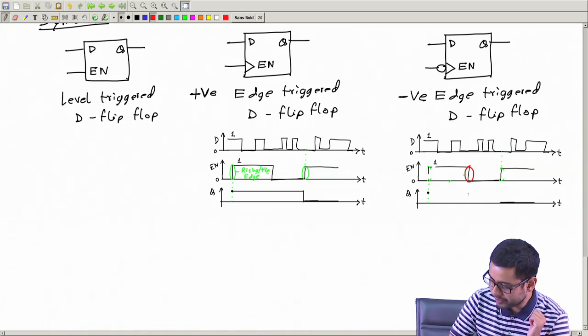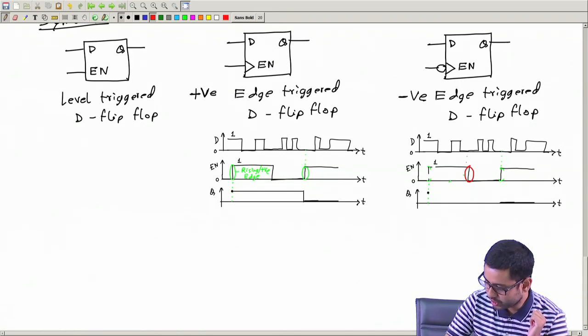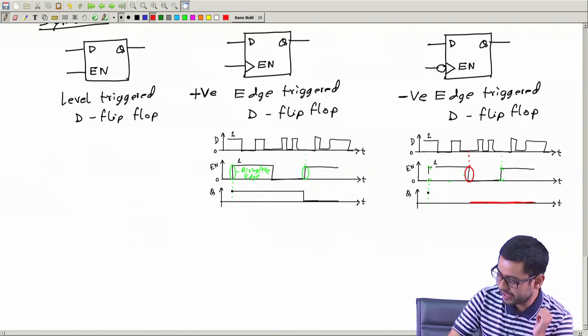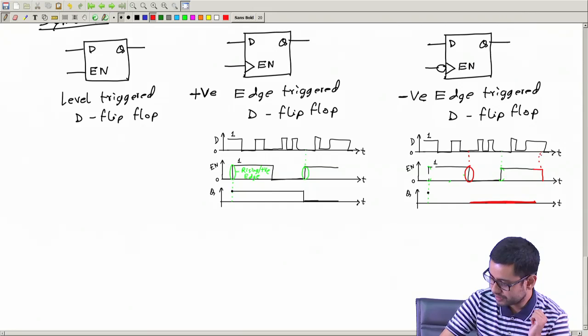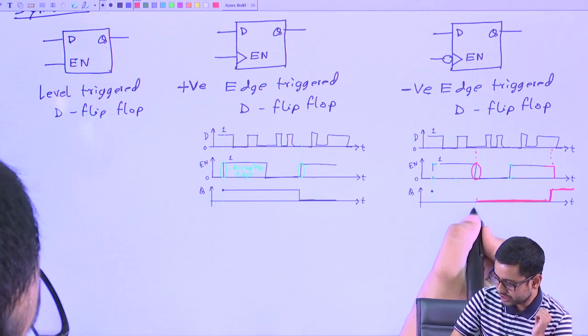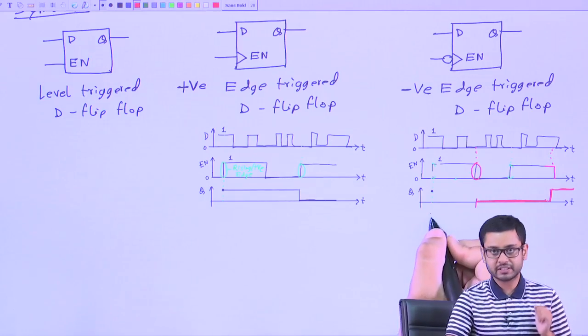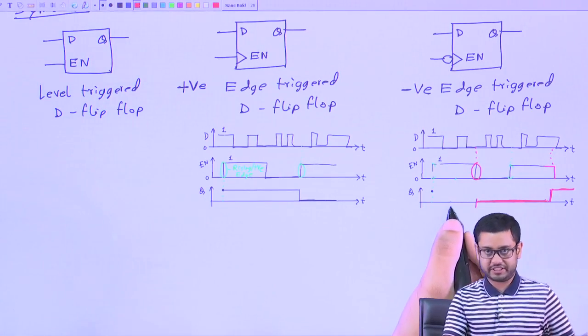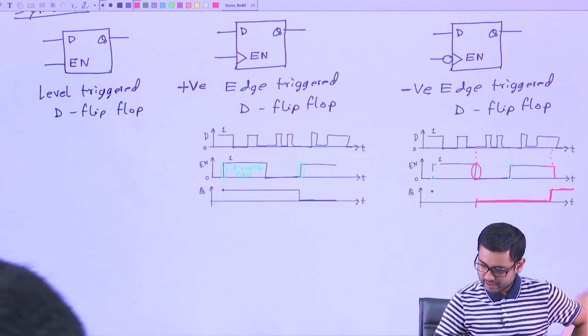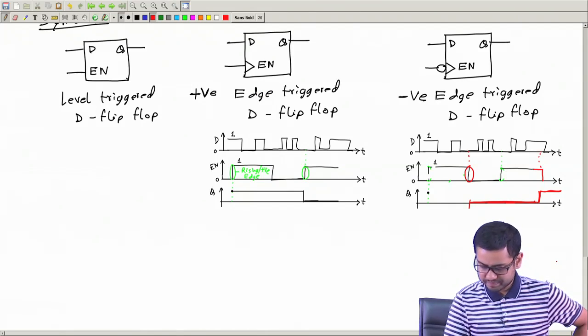Here Q will become 0 at this instant, because data is 0. So, Q will become 0 and it will remain 0 until and unless we get another negative edge, maybe much later, maybe here where this is 1. So, here it will become 1. Before this we do not know what the value is. Whatever the value was, it was there, we do not know. Okay. So, this is the symbol.